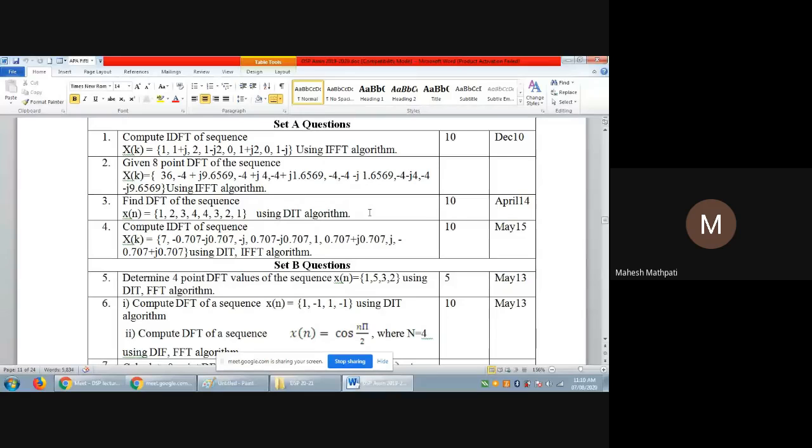How many stages do you require? 3 stages. What will be the format of the stage? 8, 4, 2. It is DIT, madam. For DIT, what will be the computation format? 2, 4, 8. Okay. How many multipliers will be required here?